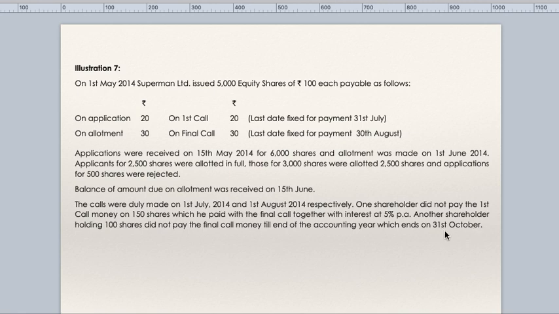So you need to calculate interest on this also from August end to October end: September and October, 2 months interest on final call, and only 1 month interest on first call.